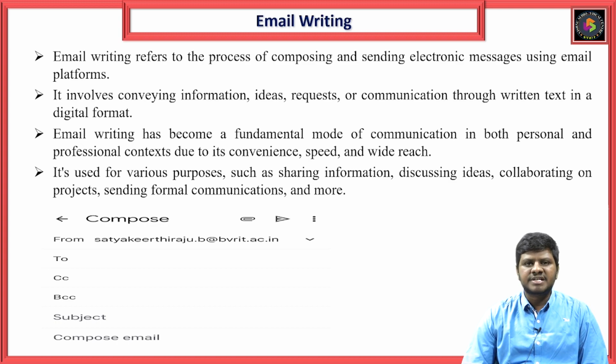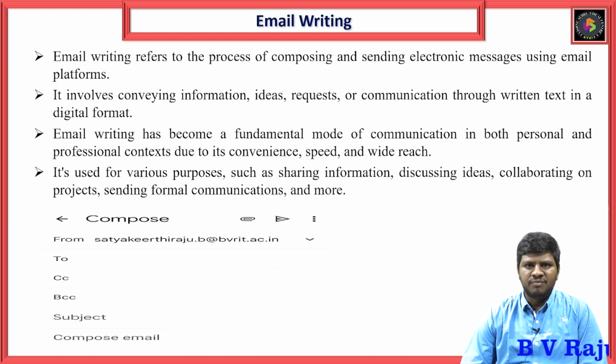The first is the from address, which is the sender address, and the second one is the to address, the recipient's address, and the third is CC. CC stands for carbon copy, and BCC stands for blind carbon copy.